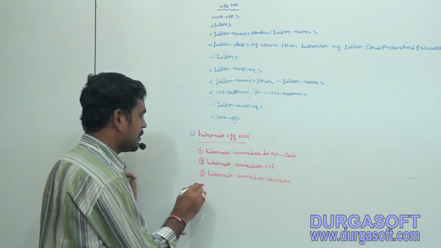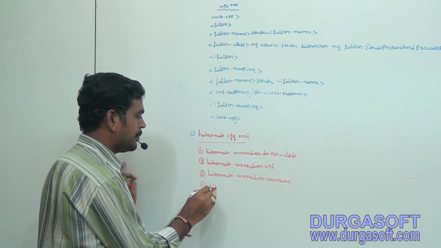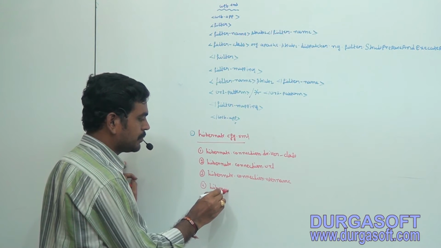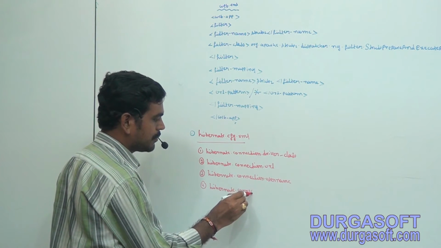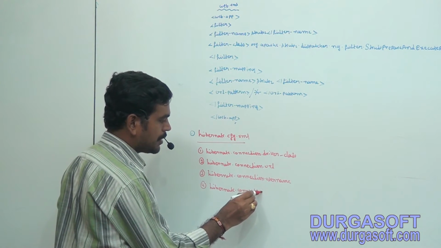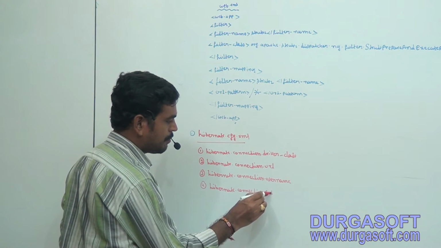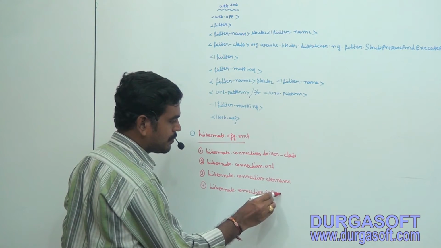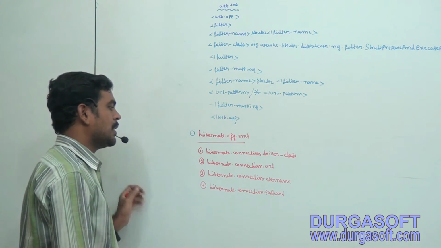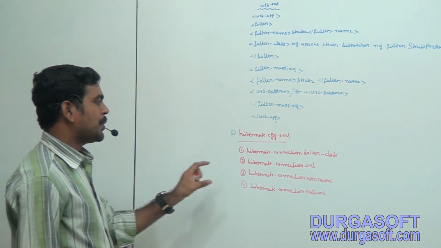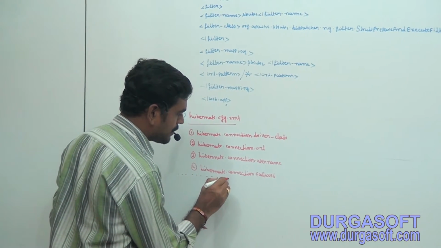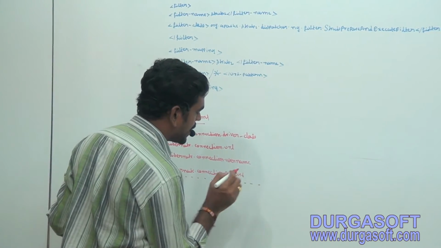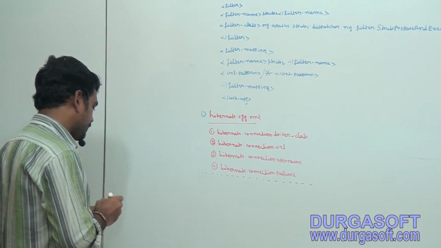The next, hibernate.connection.password. Like this, these four are connection properties. We can pass these four properties inside the Hibernate configuration file.